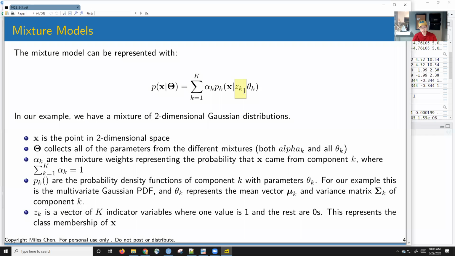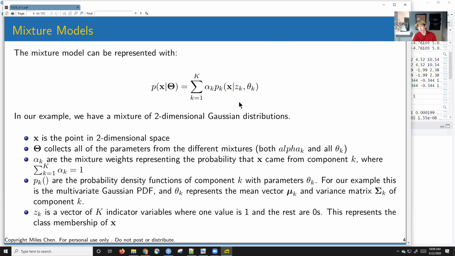And z sub k is an indicator variable, a vector of zeros and ones. In our case, only one value is a 1 and everything else is a 0, and that represents the class membership of X. Because in the mixture distribution, each X that we generate belongs to one of the classes.